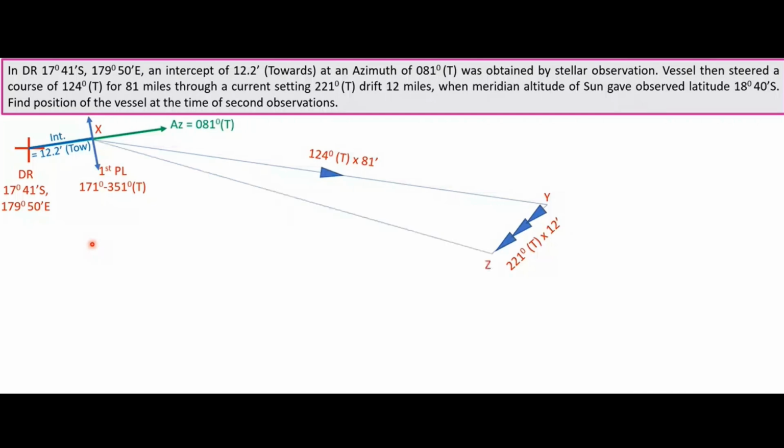From chart work knowledge, we know X to Z is our CMG and distance made good, CMG and DMG.